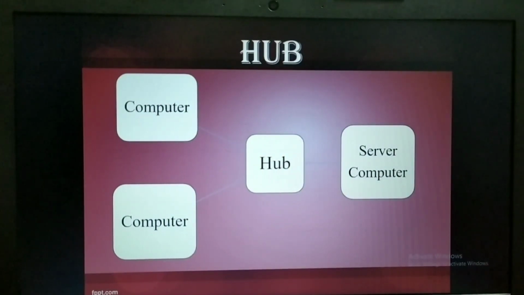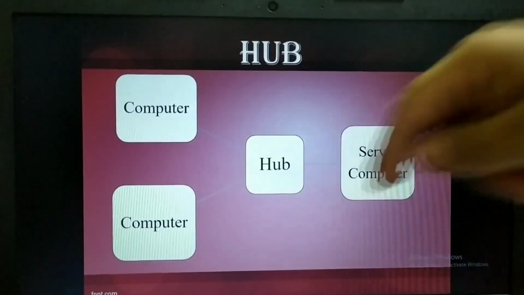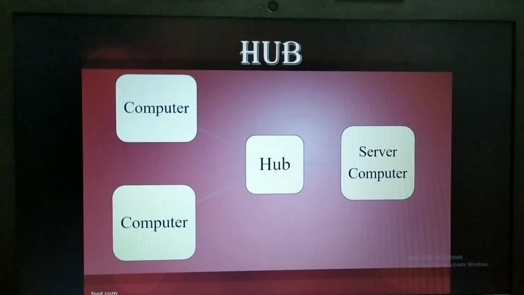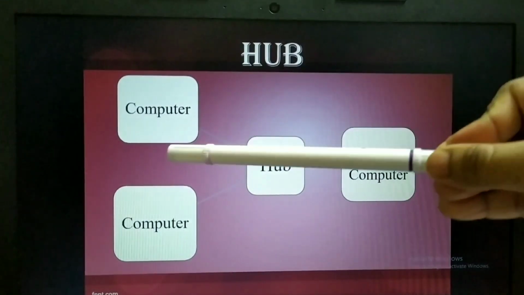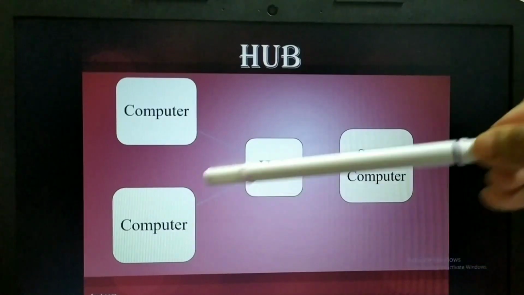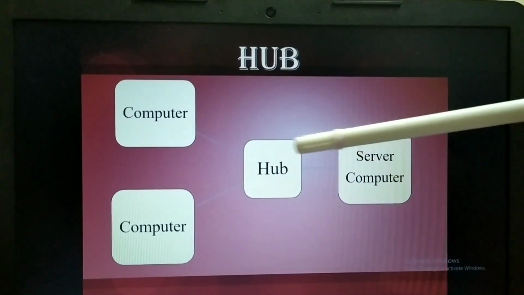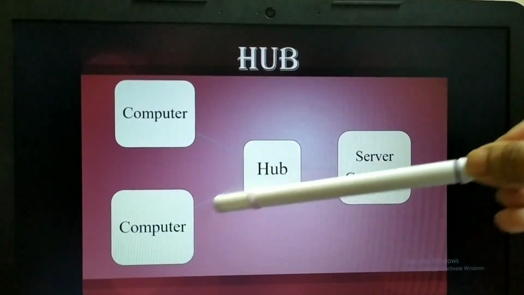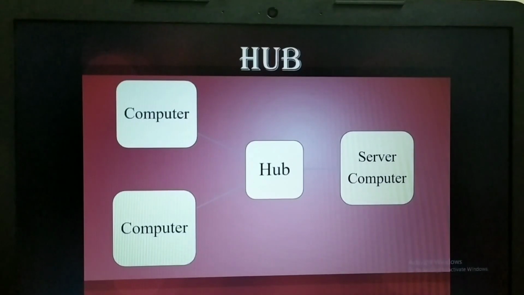See, I have shown here with a chart, there is a hub, and this hub is connecting with another 2 computers. So these 2 computers are connected with the hub and it is connecting with the server computer. By this media, by this wire or cable, the hub is connecting all these 3 computers together.